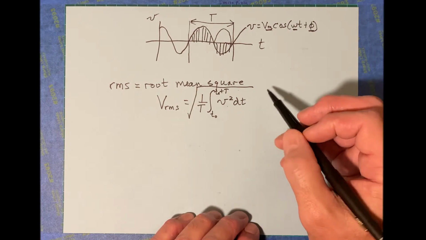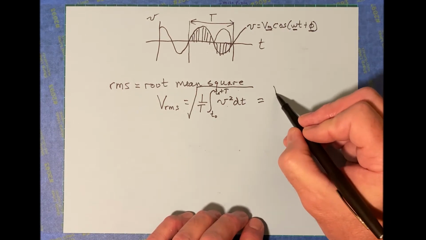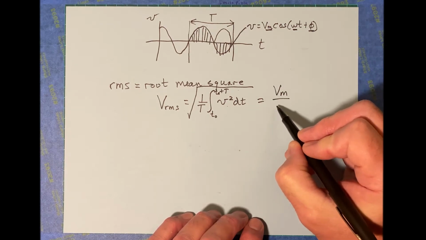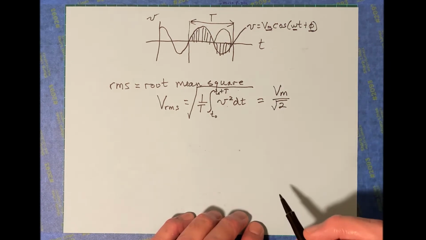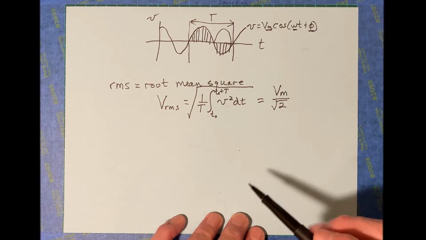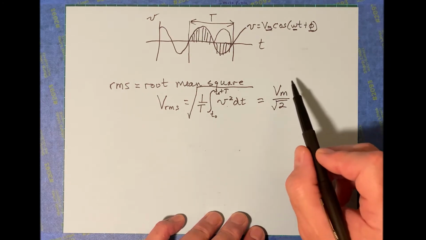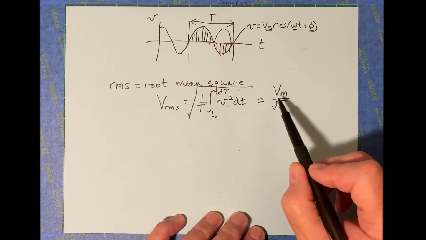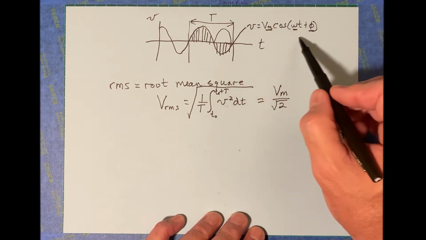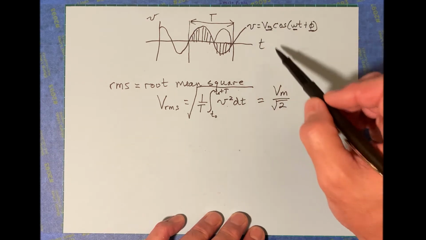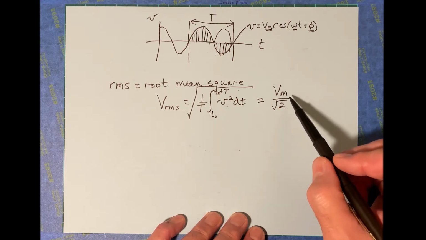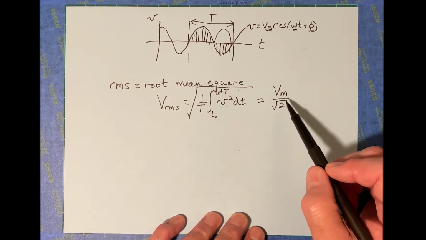Here's what you would find. This is equal to V sub m divided by the square root of 2. That is just a product of the mathematics that happens when you take a sinusoid that looks like that and plug it in. You'll get the maximum divided by square root of 2.